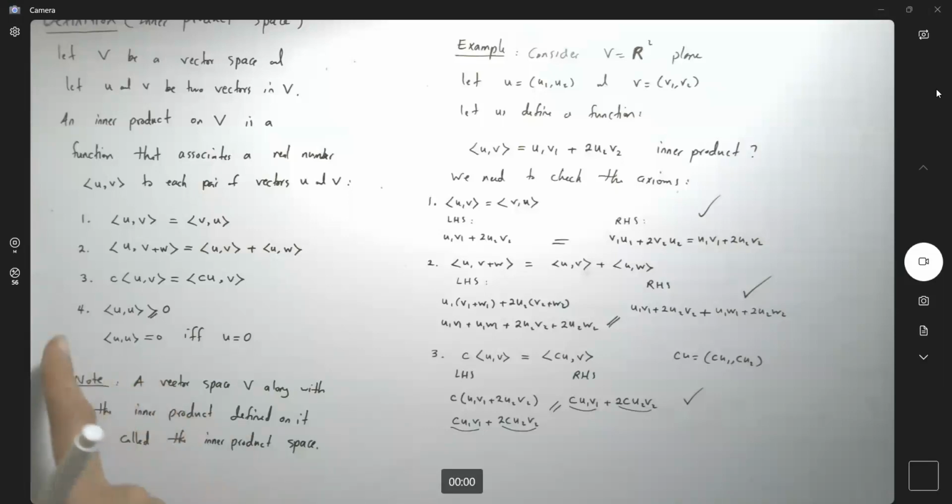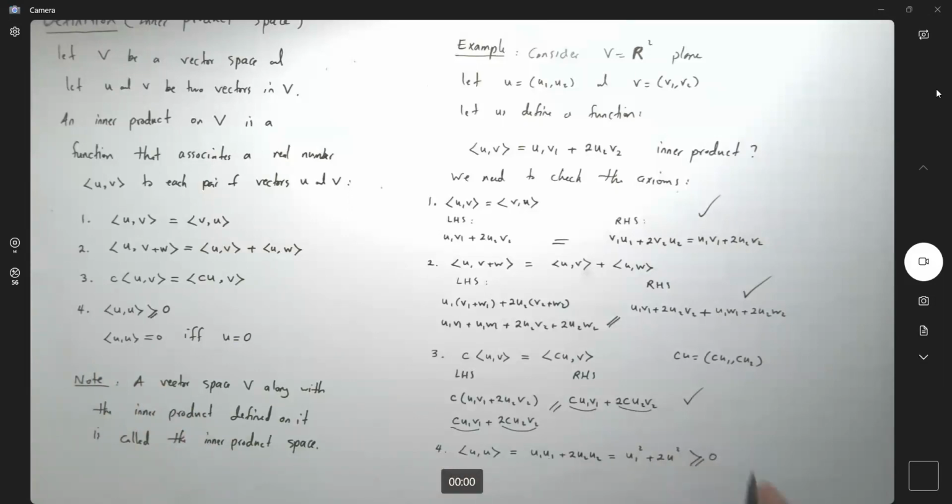What about the last one? Number 4, we need to form the inner product between U and U, which is basically U1 U1 plus 2 U2 U2. So basically you are finding U1 squared plus 2 U2 squared, which is always positive.